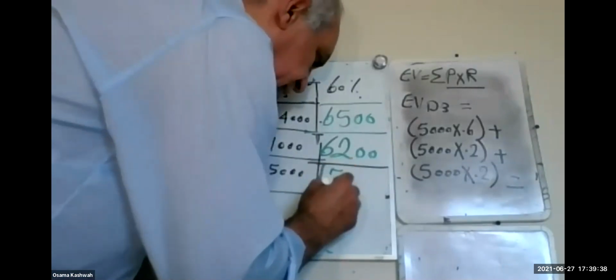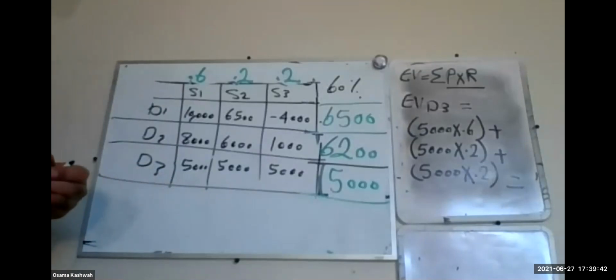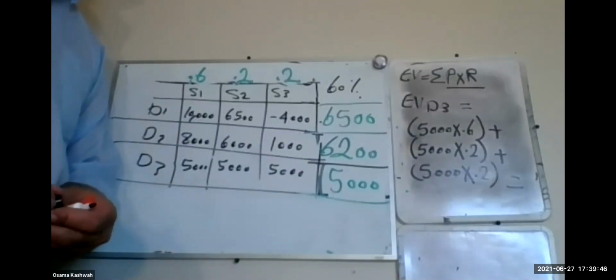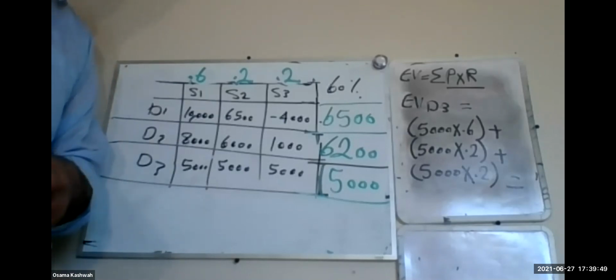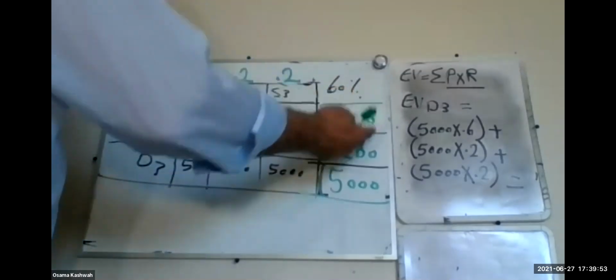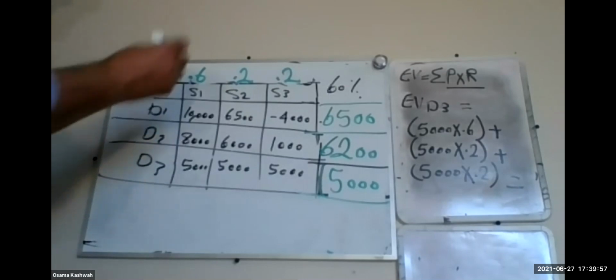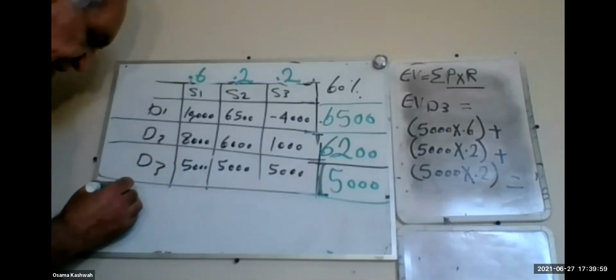We come now to the decision point. Which one will I choose based on the expected value criterion? 6,500, or 6,200, or 5,000?